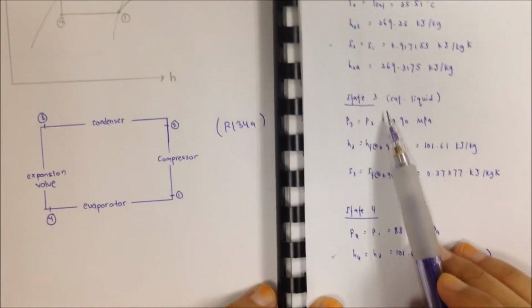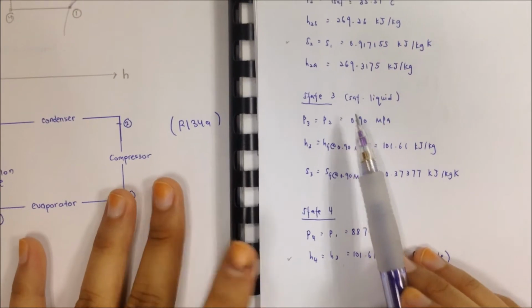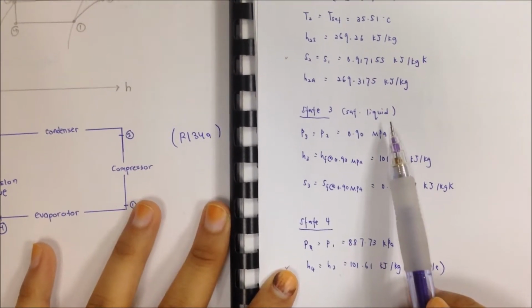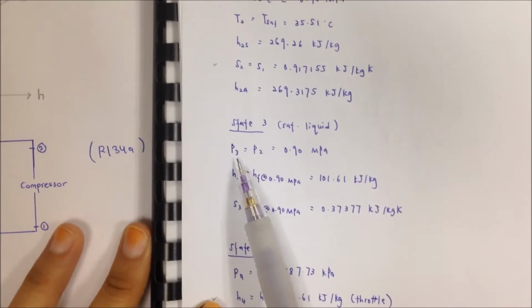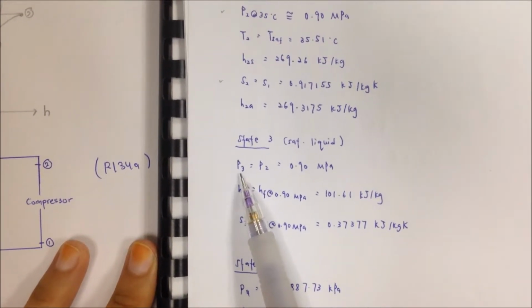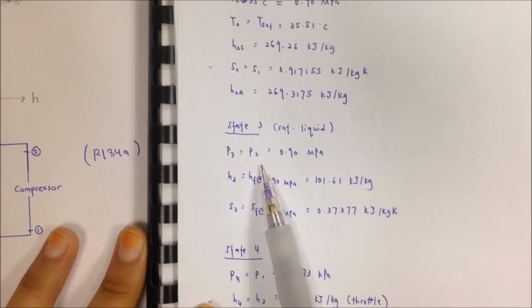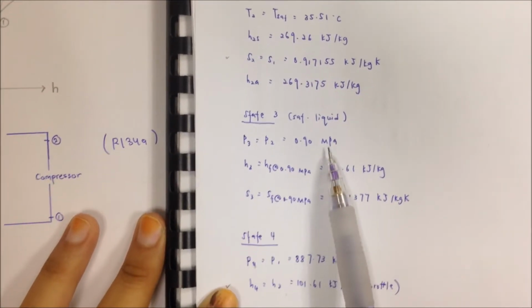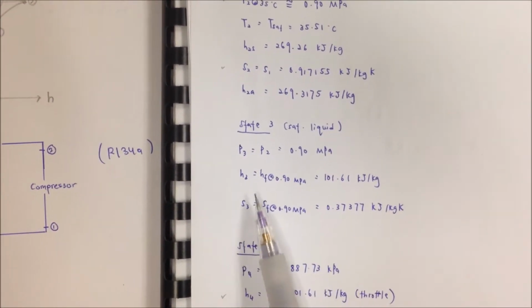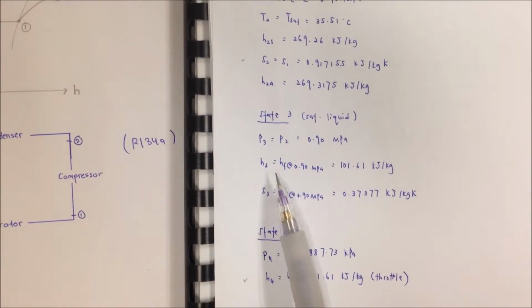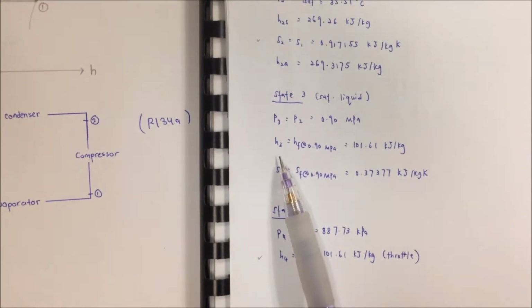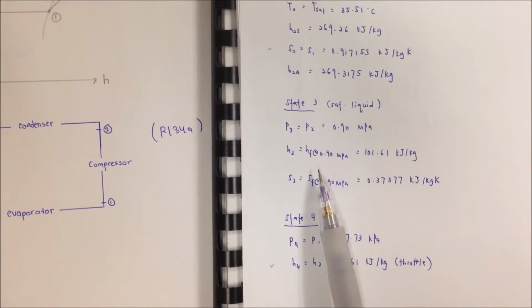For state 3, from the TS diagram, we obtain that it is at the saturated liquid line. Therefore, the pressure for state 3 equals the pressure at state 2, 0.9 megapascal. And from the property table, we can obtain the enthalpy and entropy for the state.